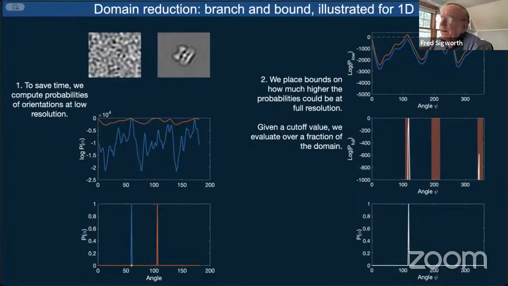So in order to not spend years evaluating the gamma function, both RELION and cryoSPARC use tricks to reduce the domain over which the integral is taken. That is, we find just a region of the 5-dimensional phi space to evaluate. And the basic idea is, let's do a low resolution estimate of gamma, taken at fewer points, and that's what this orange curve here is.